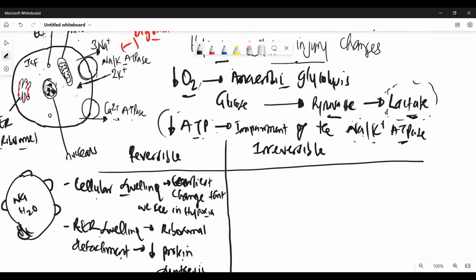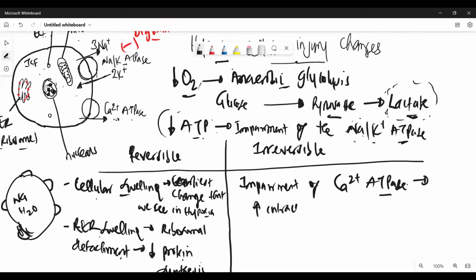So impairment of the calcium ATPase, this is when the problem starts. This will definitely lead to a lot of calcium inside the cell, so there has to be increased intracellular calcium.